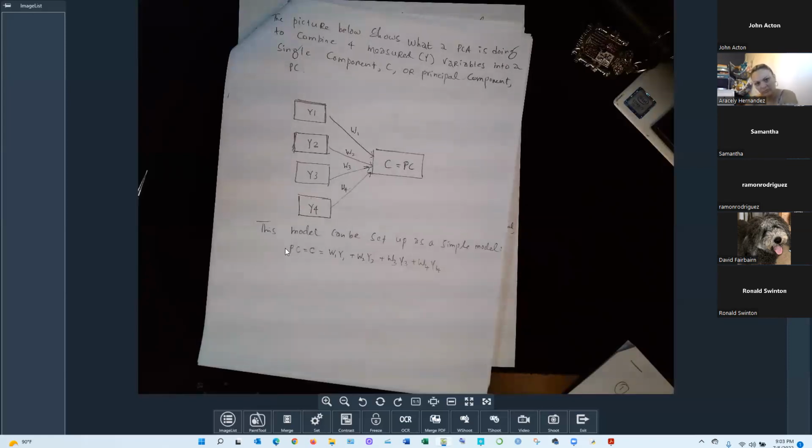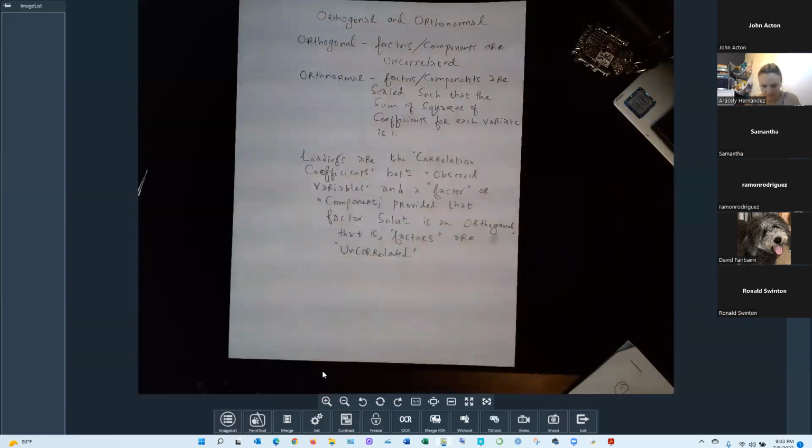That's another disadvantage of the principal components. When you get several principal components, you don't have a correlation among those principal components, except for the correlation with the original variables.